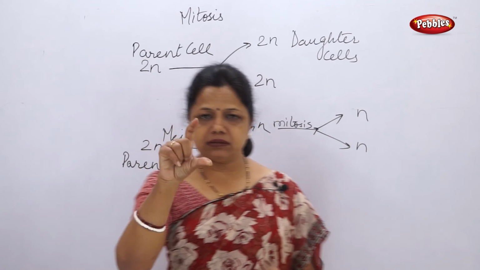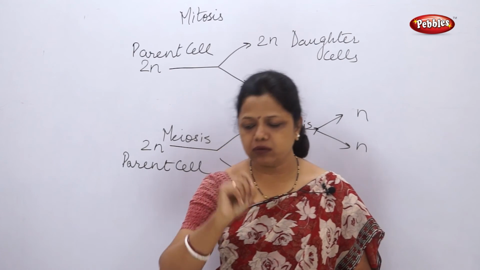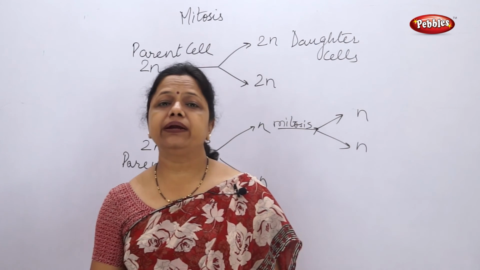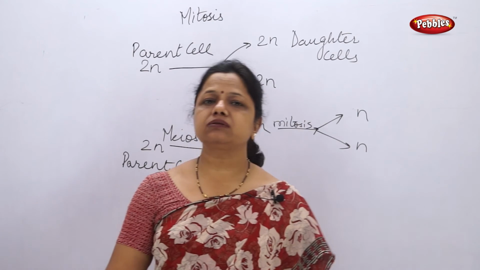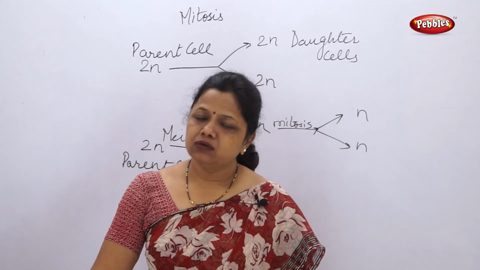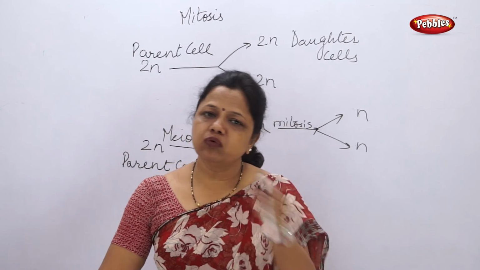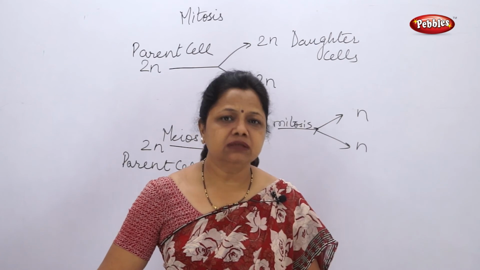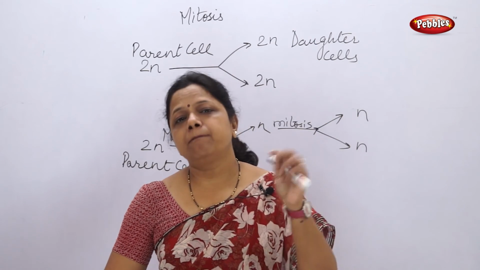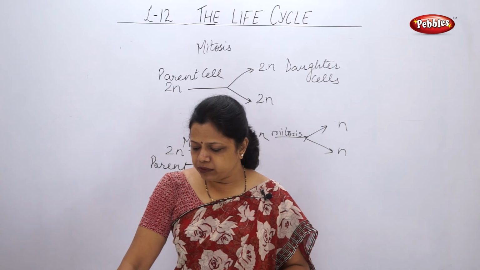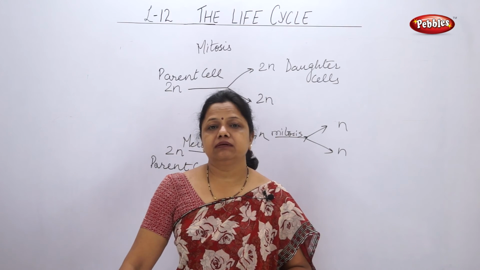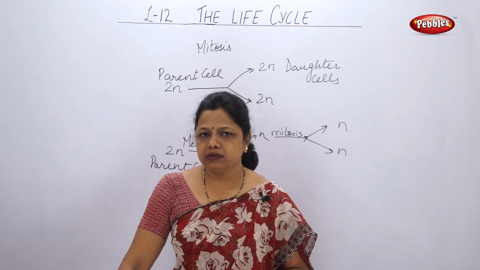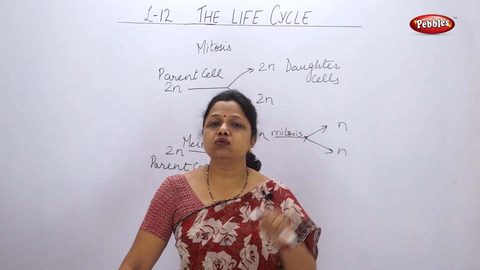In the middle piece of the sperm, the mitochondria is present for providing energy, as mitochondria is called the powerhouse of the cell. For the sperm to move very fast, it needs energy, and that energy is provided by the mitochondria. Name the nutritive tissue present in seed. The nutritive tissue present in seed is endosperm.